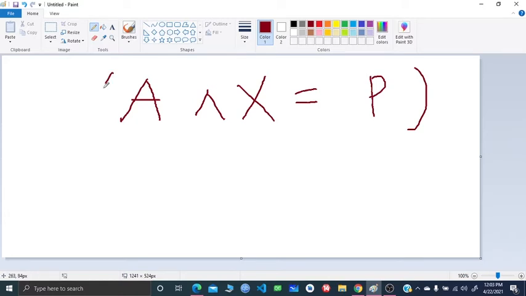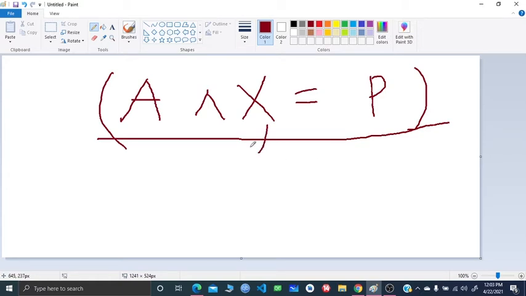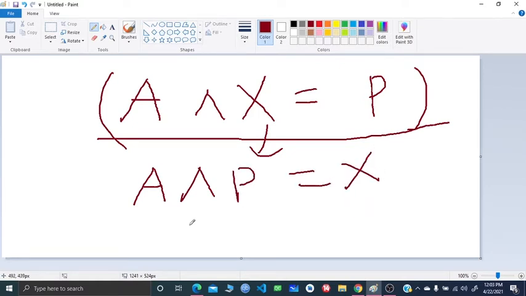If this is our statement, that the XOR of the two values gives us p, then I can also say a XOR p can give me x, and x XOR p can also give me a. All possible combinations I can make happen. It's always possible, because it is the XOR operation.